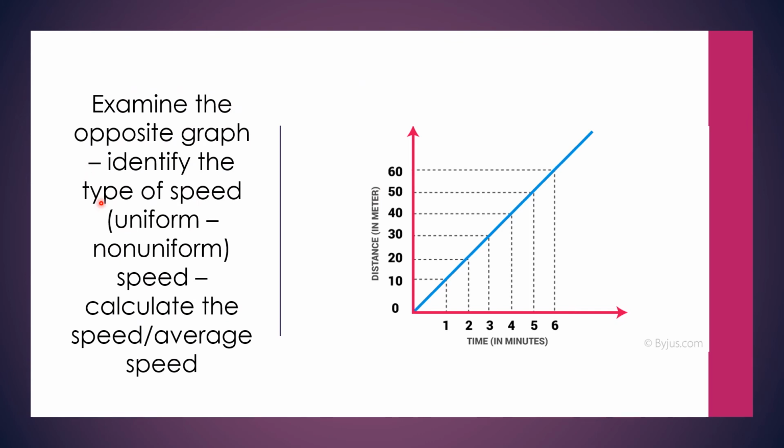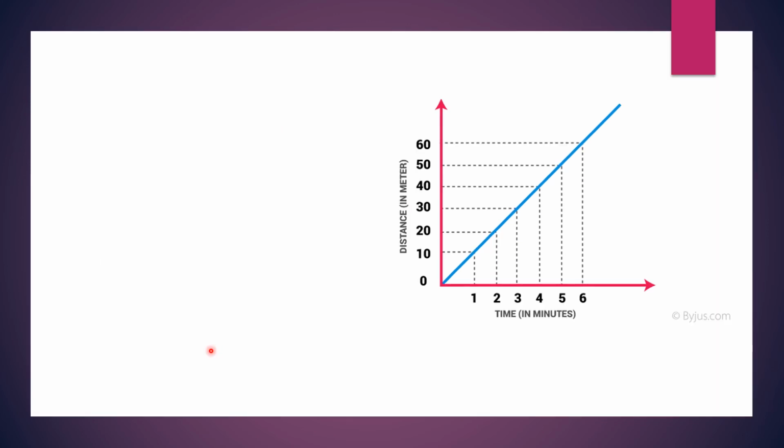Okay, this is a simple example. Examine this graph. Try to identify if the speed is uniform or non-uniform. If it's a uniform speed, you will calculate it by using the rule speed equals distance divided by time. If it's a non-uniform speed, then you will use the average speed to calculate the speed.